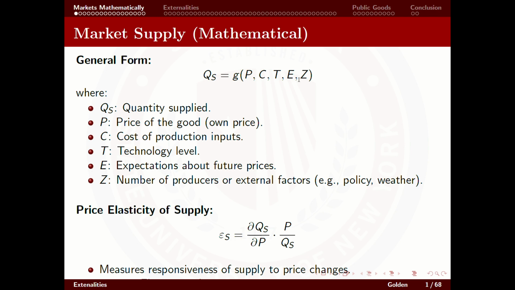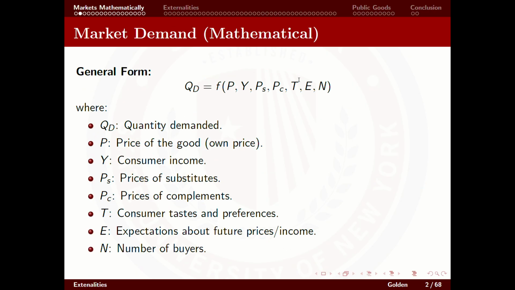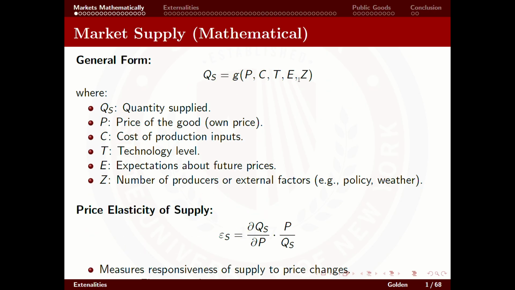Not necessarily more complex, but complex in different ways. And here again, we have our old friend, the price elasticity of supply, which is the responsiveness of supply to price changes. This is really how you determine how the market is going to respond to policy.